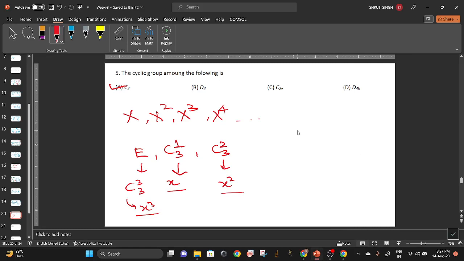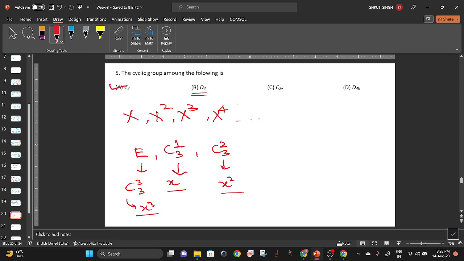Now D3. What about this one? It's not cyclic, ma'am. D4 also not cyclic.